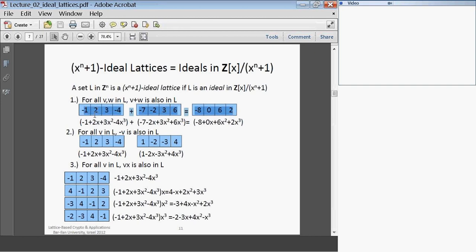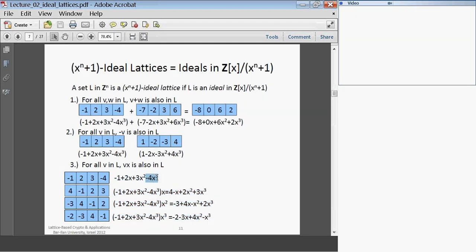Look at the operation of addition using these ideal lattices. It's actually the same as what we discussed. It doesn't change, and you can easily verify this. The operation of negation is the same as in the case of cyclic lattices. The operation of cyclic shift, or multiplying by x, is different. Simply speaking, we perform the cyclic shift.